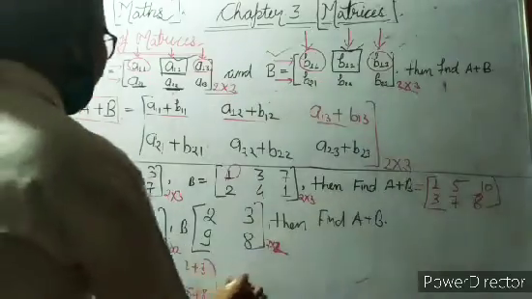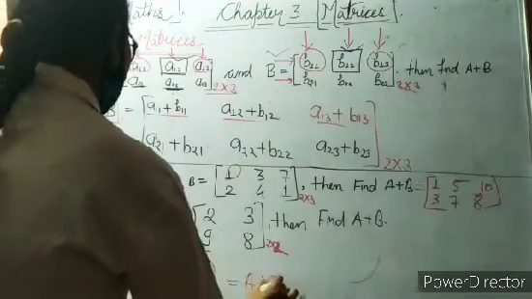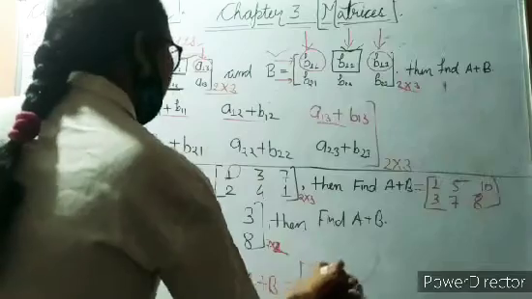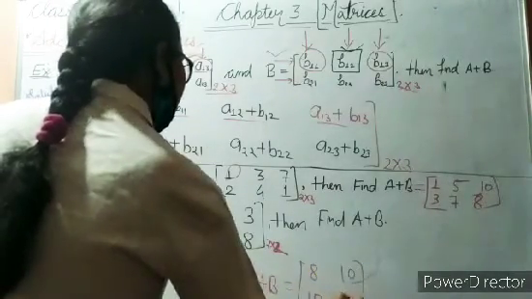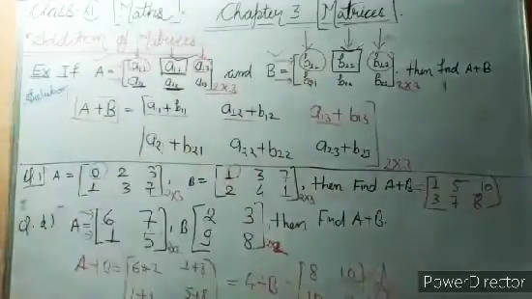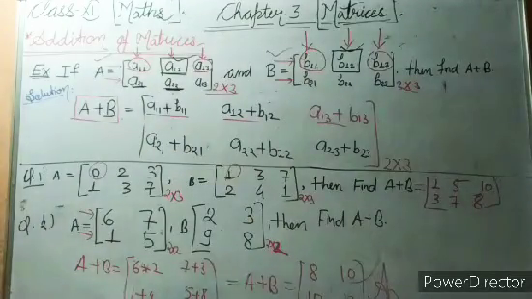So our answer A plus B is 8, 10, 10, 13. It is your answer. So like that you can solve very easily. Okay, now I would like to give the next question to you.